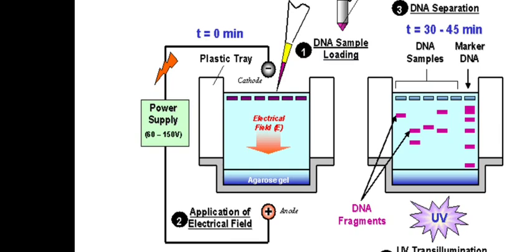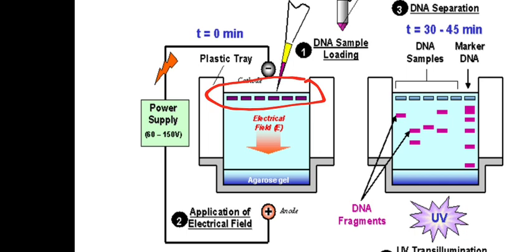Once you switch on the power supply, because of the difference in their charges, these fragments are going to move at different lengths. You can see different wells. These wells are punched in a gel sheet.